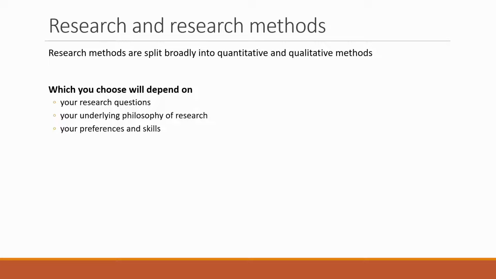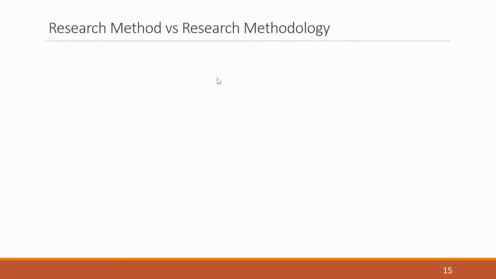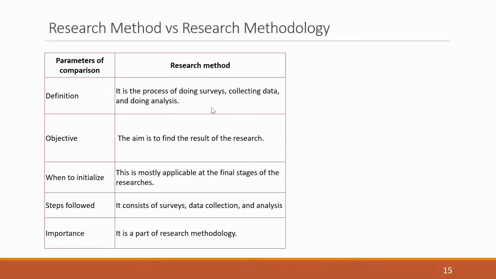For example, the quantitative method will require competence in using quantitative tools, or even programming or calculation. So it's really important to improve your skills while doing research, and now you can see the differences between the two types.